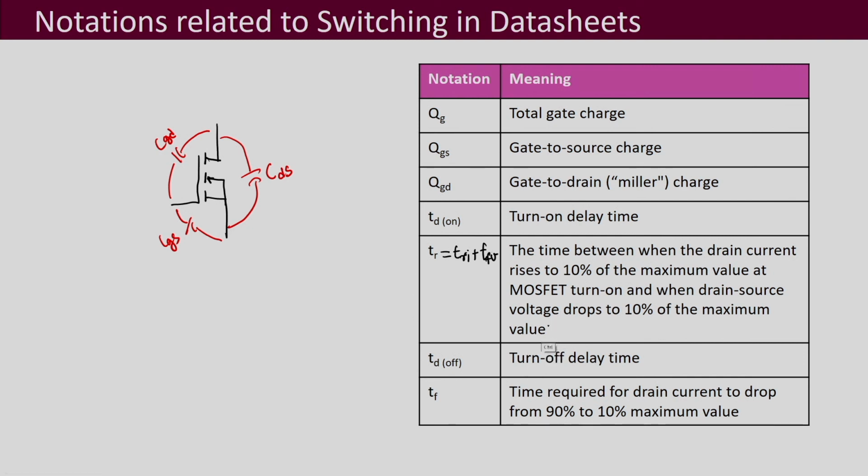Then the other times specified in the data sheets are TD off, the turn off delay time, which we also just saw, and TF, your fall time, which is the time required for drain current to drop from 90% to 10% of maximum value. Okay, this also we just saw in the switching characteristics. So, these are mostly the notations which you will find in the data sheet, and we just discussed them now.